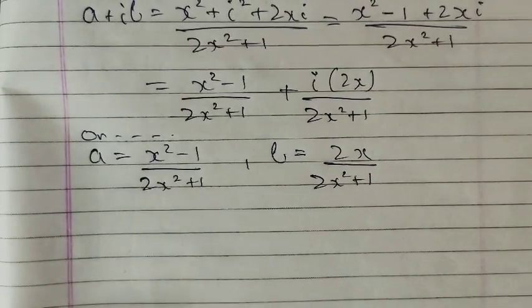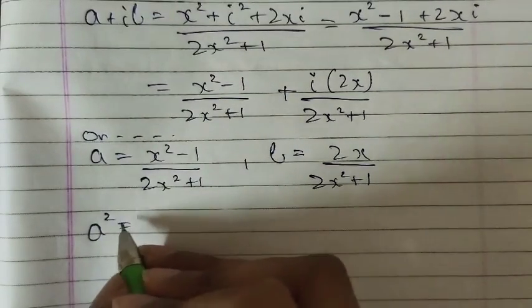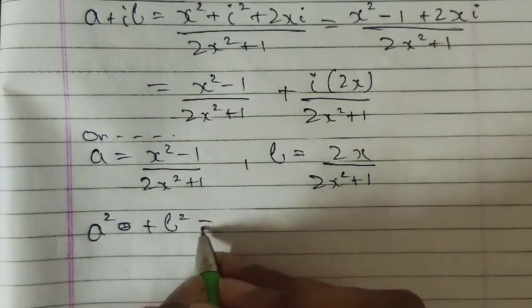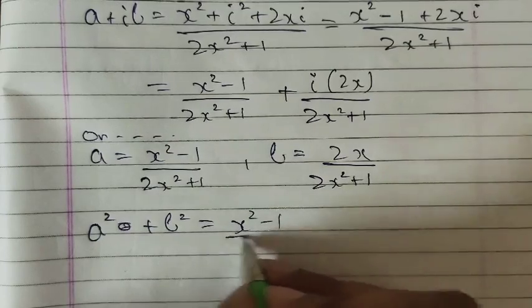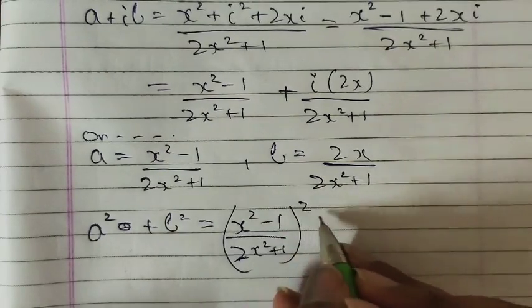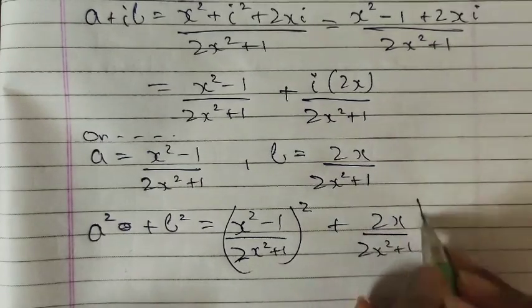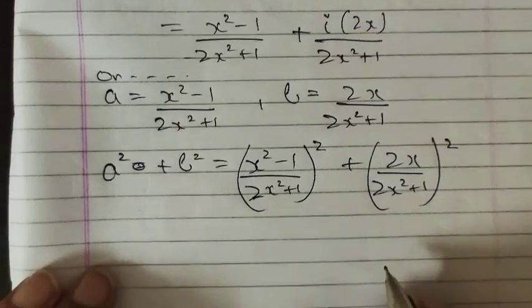So we have to find out the value of a square plus b square. So a square plus b square will be x square minus 1 upon 2x square plus 1 whole square plus 2x upon 2x square plus 1 whole square, right?